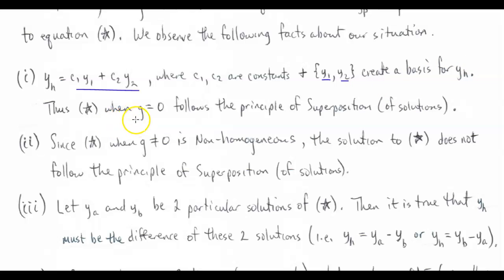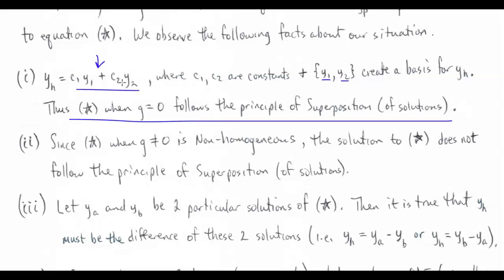Because we're able to say this, when g is equal to 0, these solutions follow the principle of superposition, which basically says that if I have two functions that are a basis for the solutions to my differential equation, then any linear combination of those two functions will also be a solution.